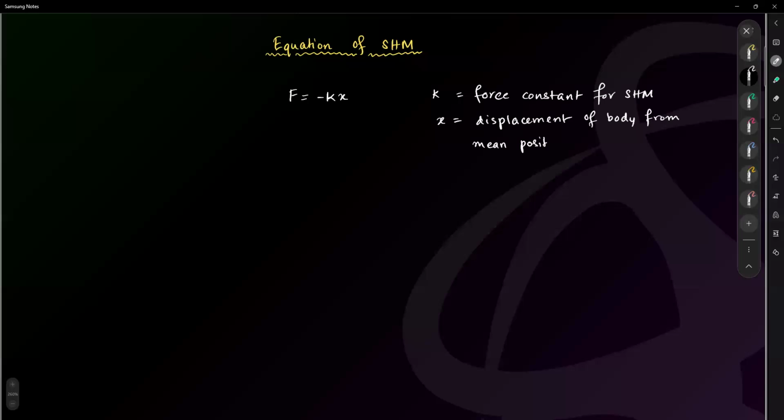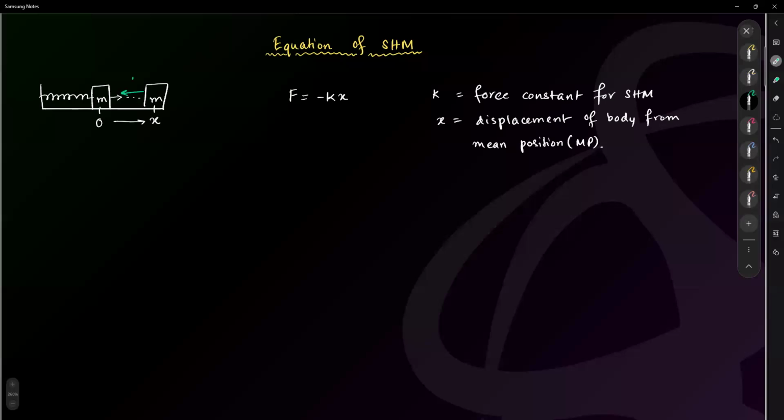Okay. So that means, suppose we have a spring block system and this is its equilibrium position. So here we consider origin, and if it is pulled to suppose another distance where it is x, then the force acting will be in the opposite direction of x.